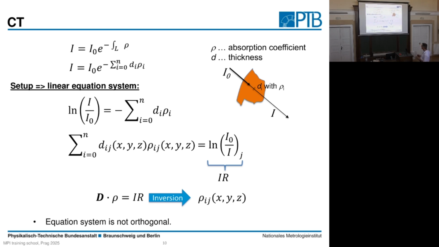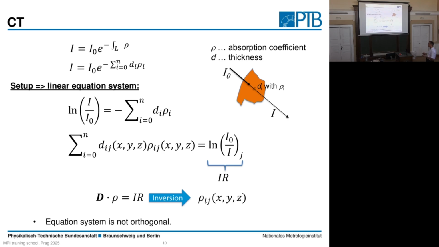And this becomes our equation system. Rho is the vector that I would like to calculate, and this is my geometrical description, the geometrical relationship. Therefore the system matrix is also used for that.